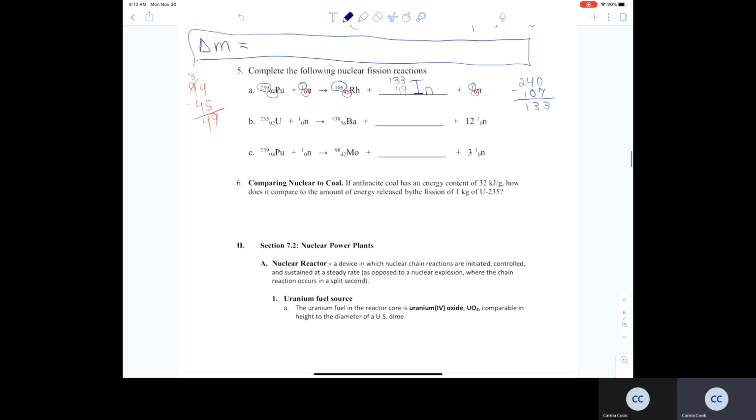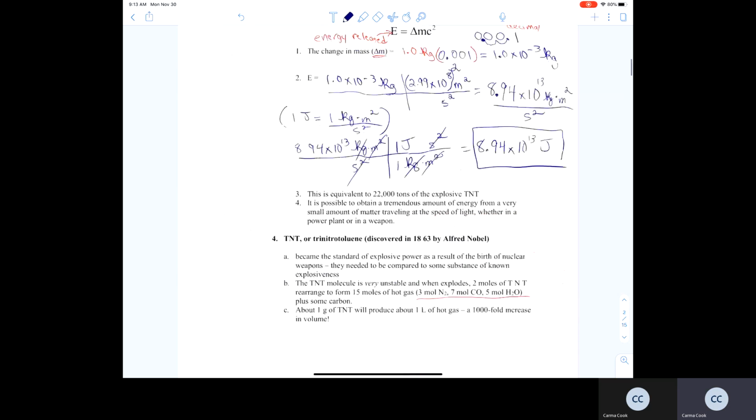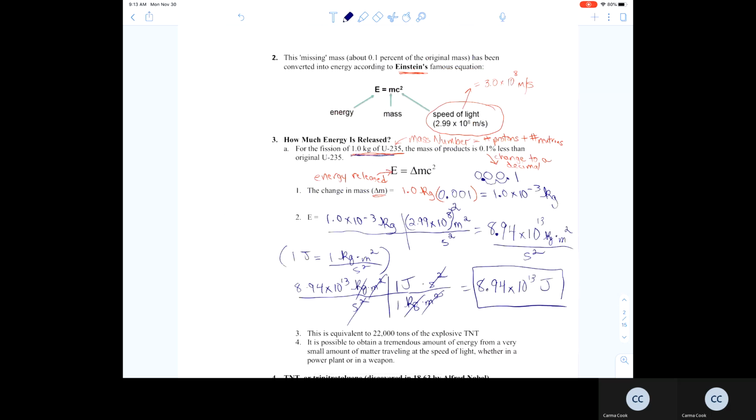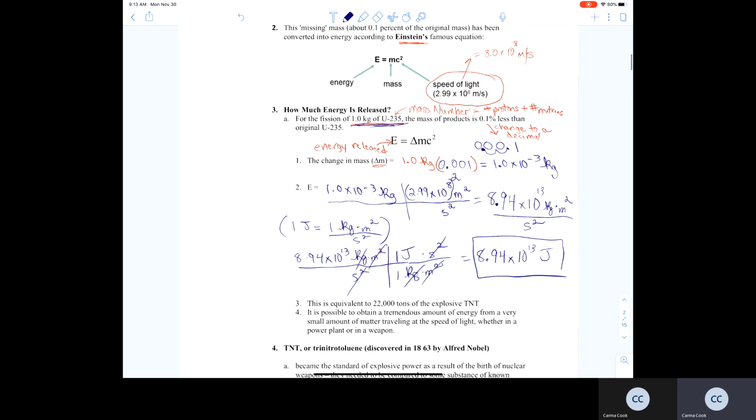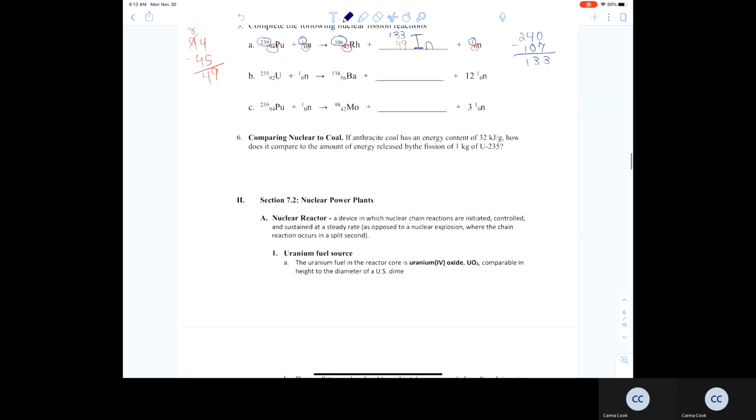And so for fission of 1 kilogram of uranium-235, we go back to our example problem, that released 8.94 times 10 to the 13 joules of energy per 1 kilogram.